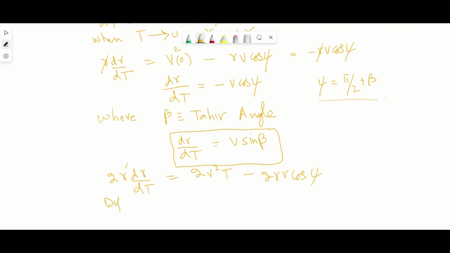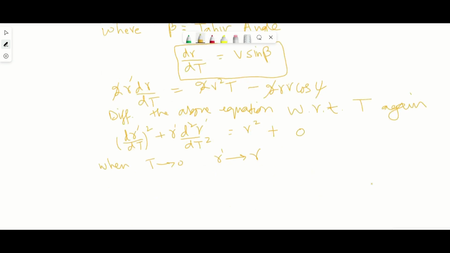So now we will differentiate it the second time. Differentiating the above equation with respect to t again, we obtain, so this is 0 because r is constant, v constant, and angle phi is constant as well. Okay, so we have got this equation here. This is v square.